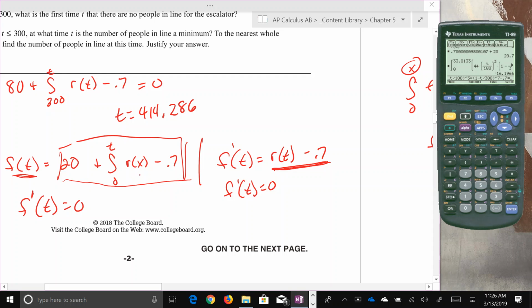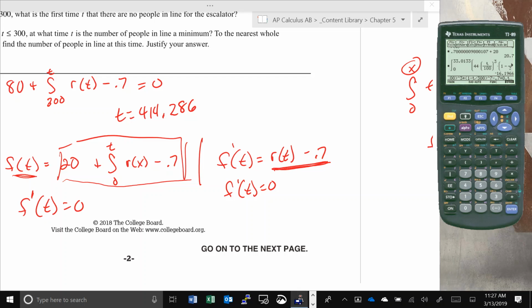Remember, the derivative of the integral of r is just r of the top number. Let me see if I did this right. Nope. I've got to put in equal to 0. Too few arguments. Oh, I forgot to tell it it's in terms of t, so you do comma t. It says busy. Busy means it's working. These take a while.